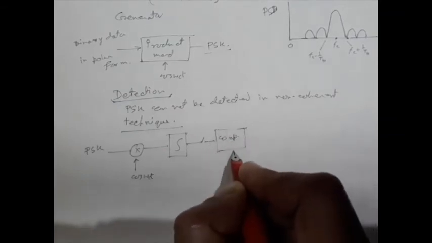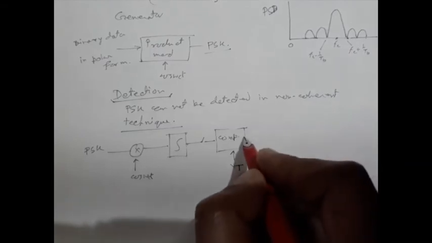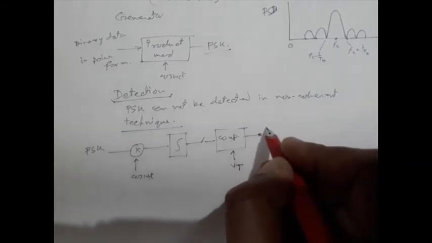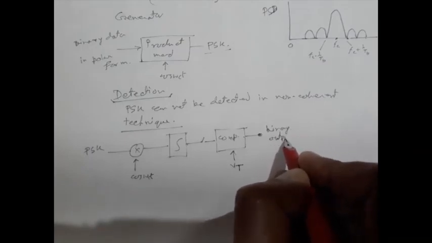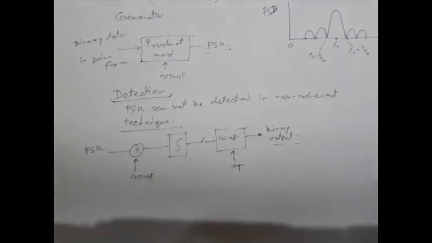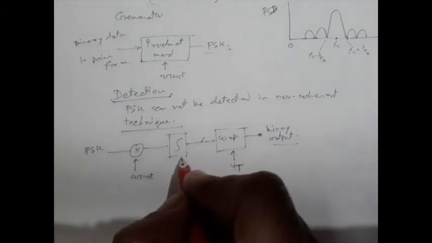Comparator will compare with the threshold voltage and we will get binary output. So here we need phase synchronization for the carrier and bit synchronization for the sampler.